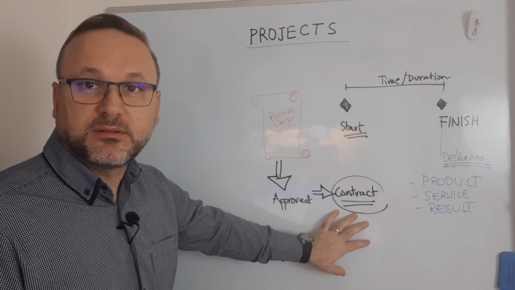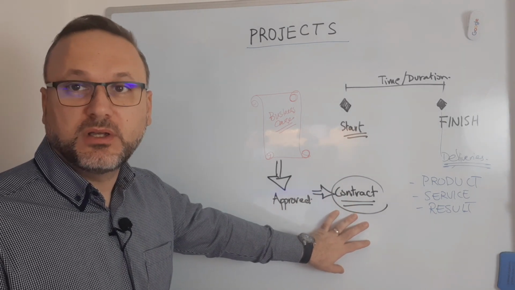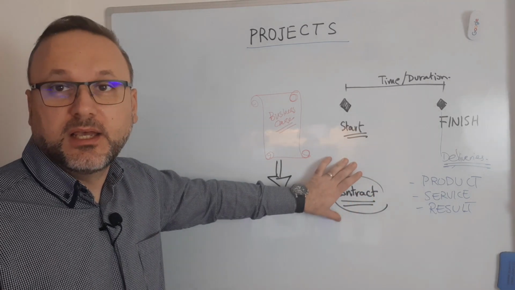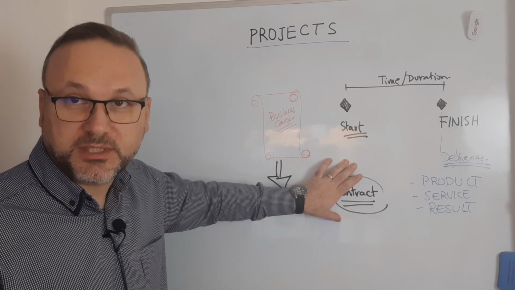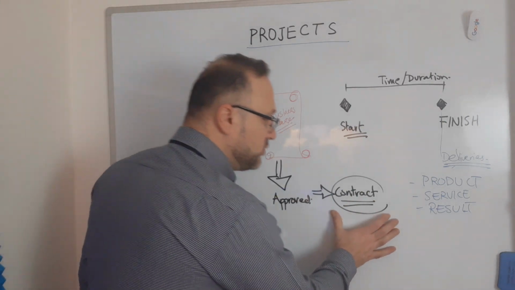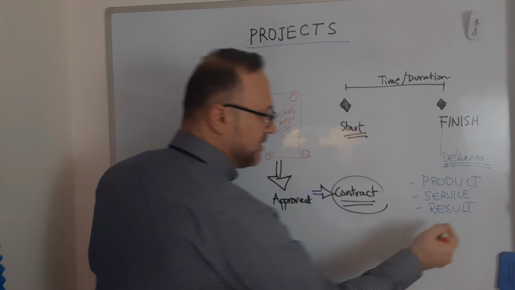The contract will be signed between two authorities and will be considered as the official document to start the project. Now, the contract defines what will be delivered. Is it a product, a service, or a result?